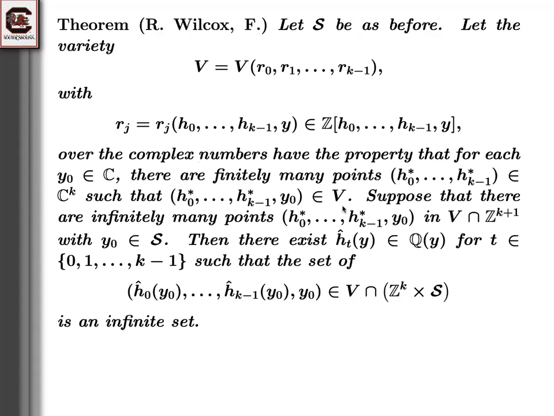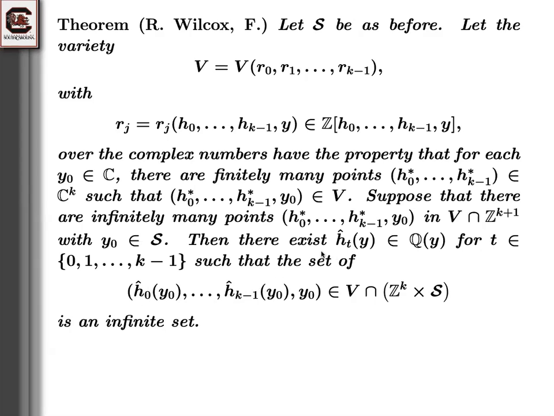But that did happen for our setup, though it wasn't necessarily obvious. So suppose that we have infinitely many points where y0 is in S. Then it turns out, and this is what the second lemma was basically saying, that we can actually find polynomial expressions for the h's in terms of the y's that we can plug in for solutions here. So the solutions are basically coming, well, this is going to be an infinite set.